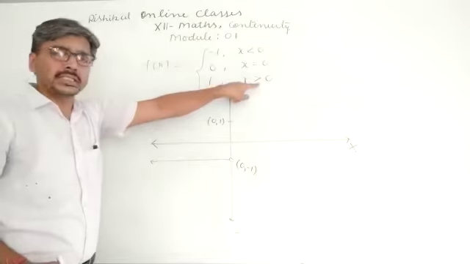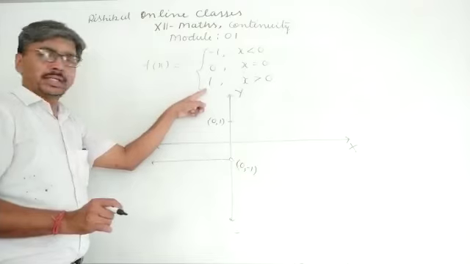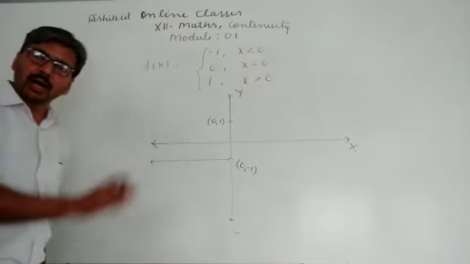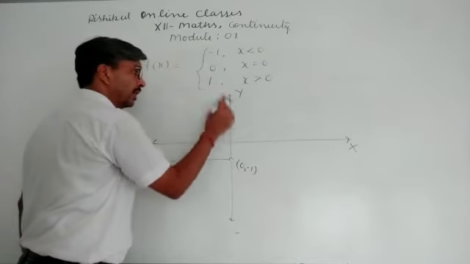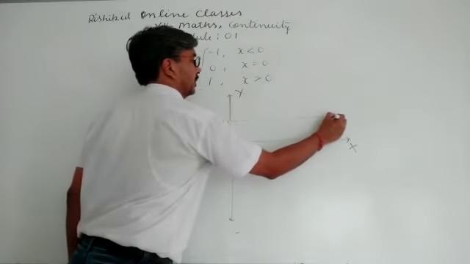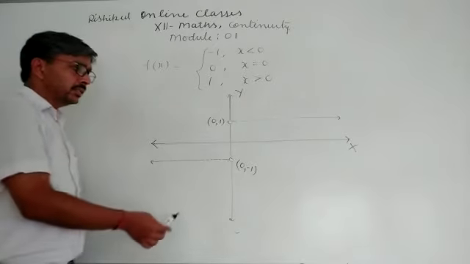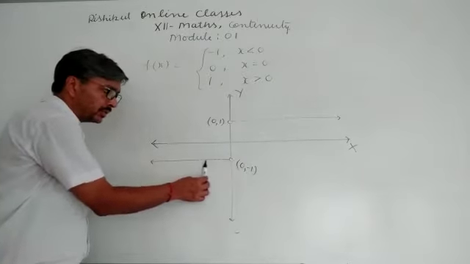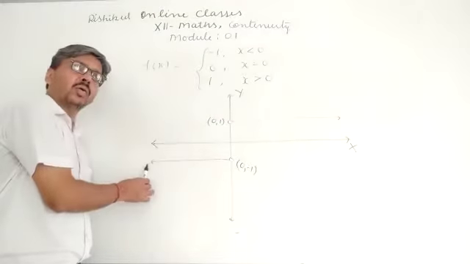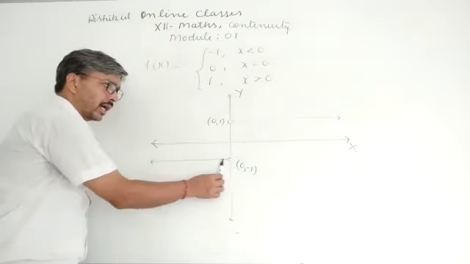Now for the value of x greater than 0, the function is 1, f(x) is 1. This is also constant, and for this part of the domain, this is the graph. It means when I draw the graph for these values of x, I didn't pick up the pen, or I can say that in this region the graph is continuous.